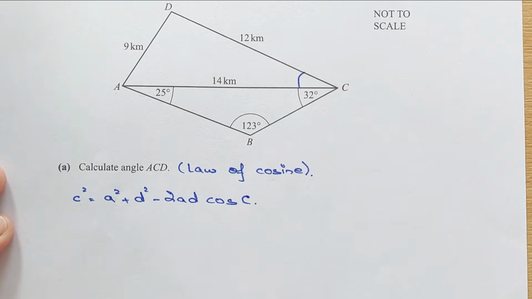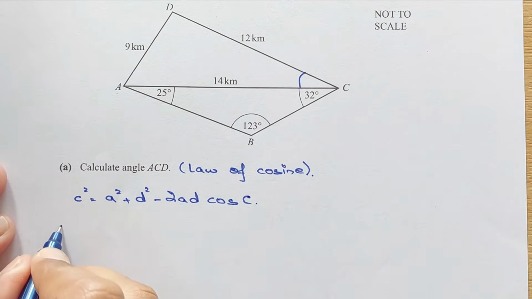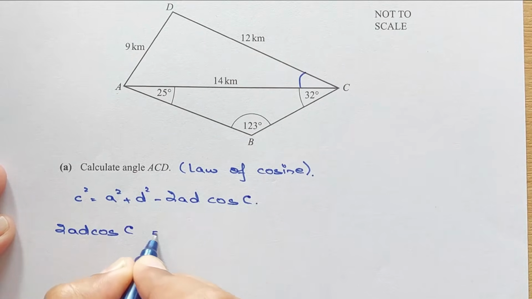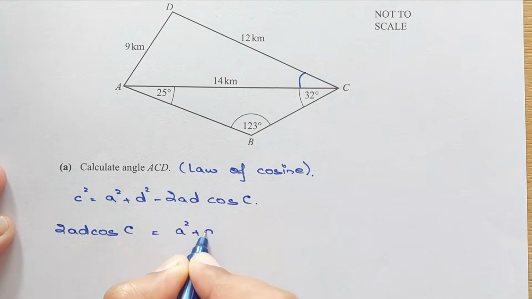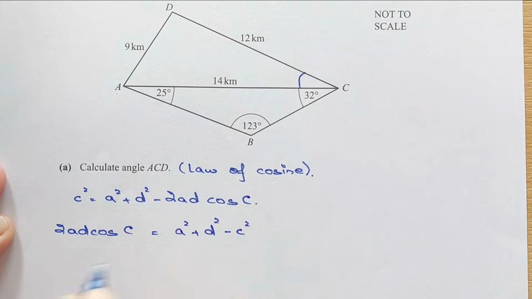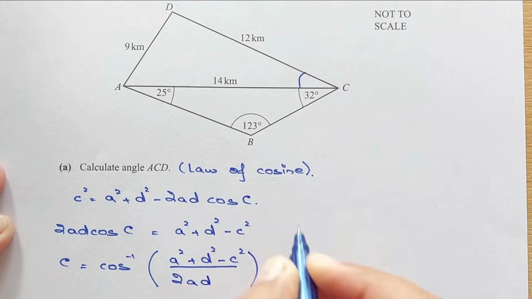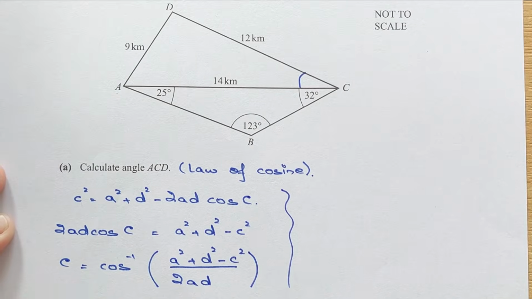Rewrite the formula to get the angle C. So we have 2AD cos C equals A squared plus D squared minus C squared, right? And C equals cos inverse of (A squared plus D squared minus C squared) divided by 2AD. Right, now let me substitute the values into the formula.